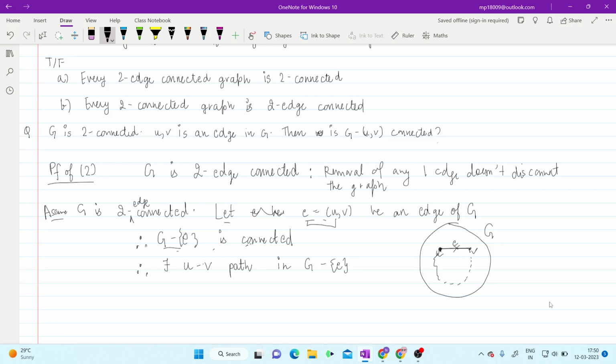So there exists a uv path, say u, v1, v2, vk, v in G minus e. Now do we get a cycle containing edge uv?